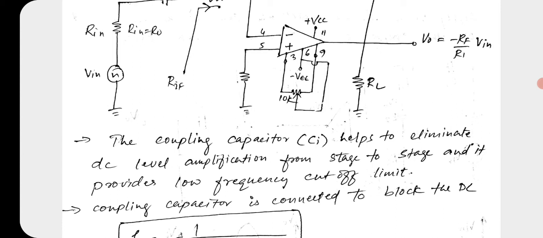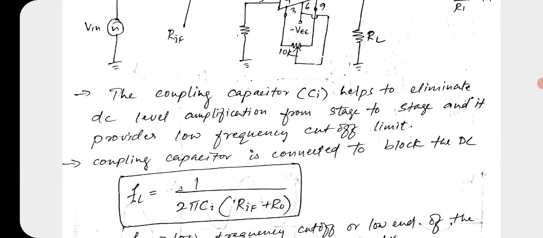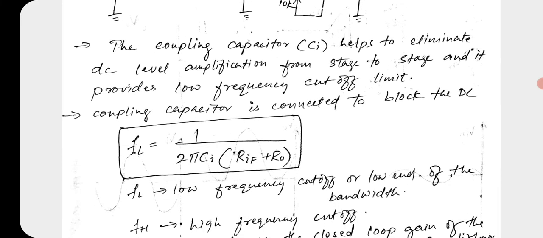Low frequency cutoff limit means that because of the coupling capacitor, a limiting stage is built, a cutoff limit will be created. What is this? As you know, XC equals 1 over 2 pi f C. You require this in your network.